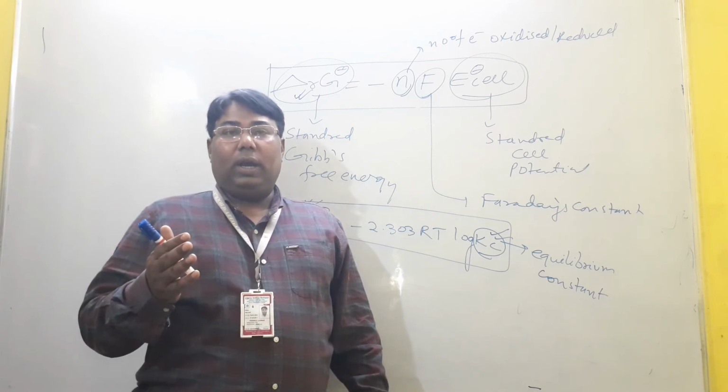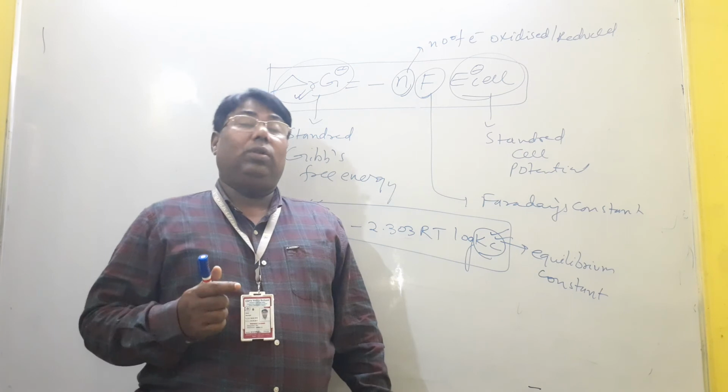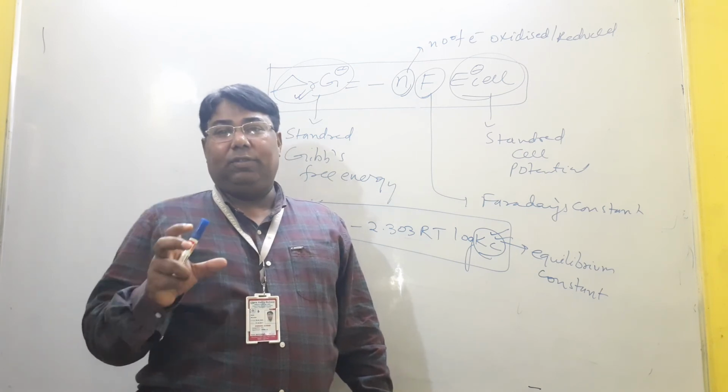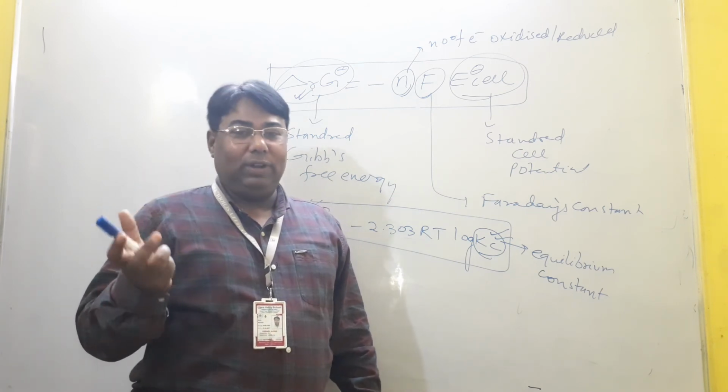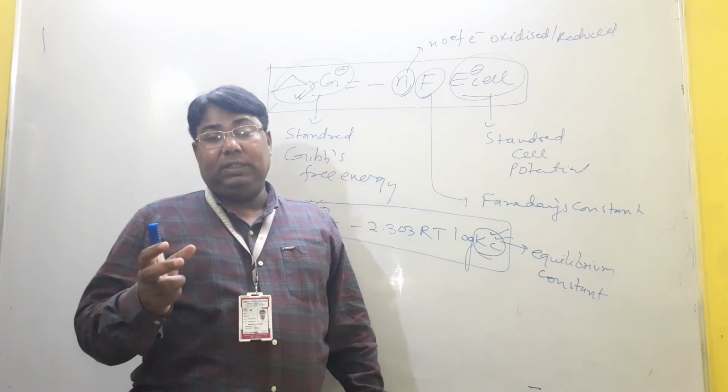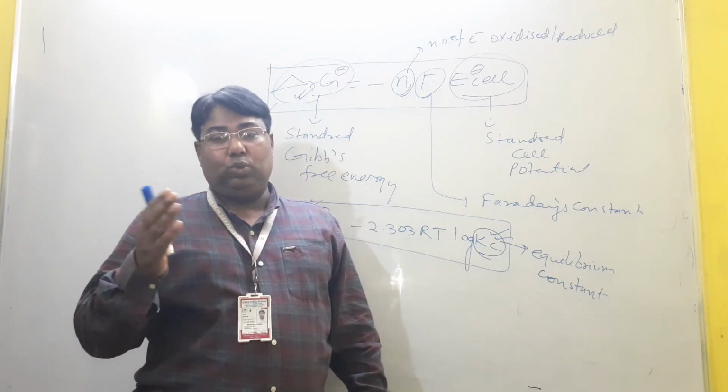These two half cells are connected with a galvanometer to show the flow of electricity, and a salt bridge is also fitted in between these two half cells.